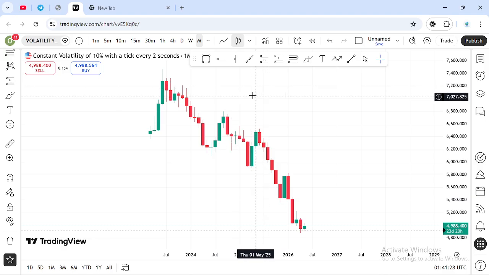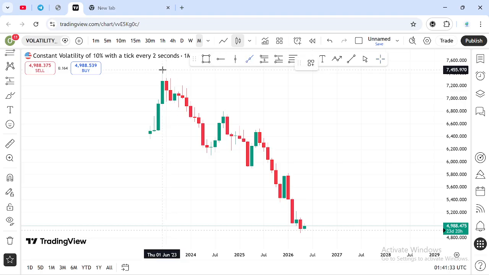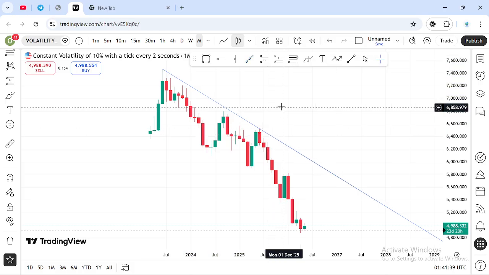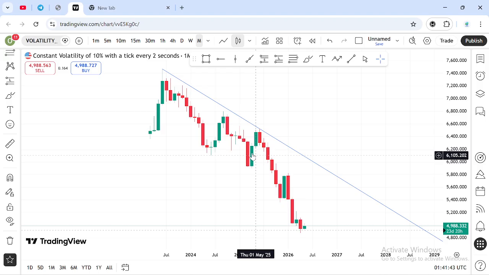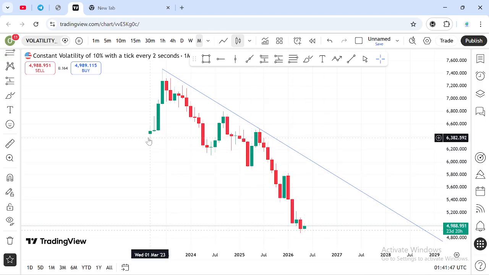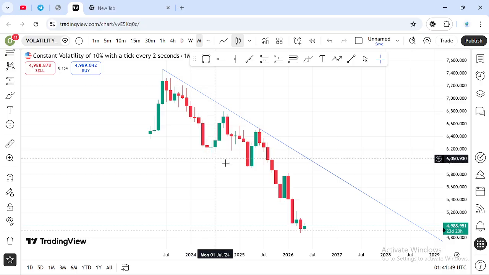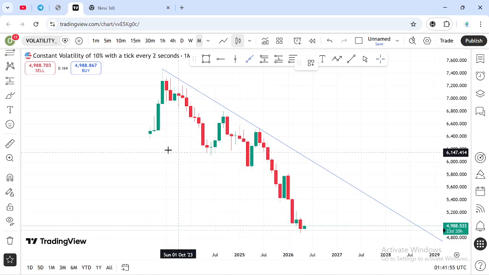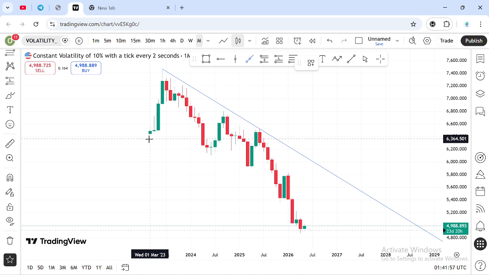Something else to add: if you want to look at the downtrend, when you connect your trend line from this point, you will see clearly that the market is on a downtrend. So what matters now is how you are able to make use of this information. We had a low from here, and then another low, and from that point price broke, retested, and continued. Let me just show you what I'm saying.